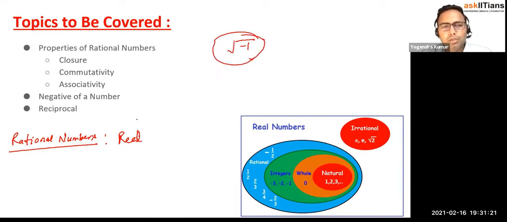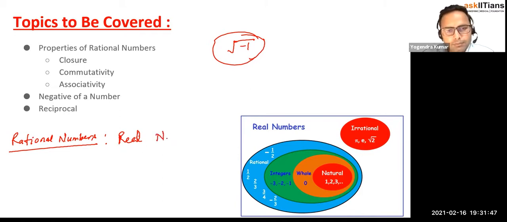But you don't worry at all about it. You need to just remember till 10th grade that there is no imaginary number, because this is just limited to one chapter only. Complex number is the chapter, and that is the only chapter which will be using this. So that's all you need. But yes, that is also a pretty good topic, but you will need to learn it later on.